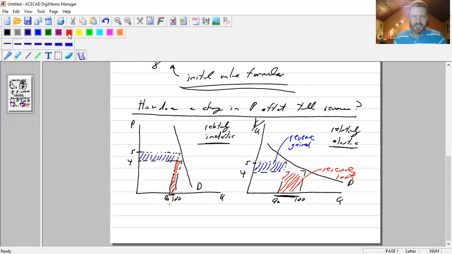I mean, my graph doesn't look great here, so I would suggest that you look at the graph in the book because it probably looks better than the one I've scribbled out. But what you can see here is that the revenue loss section is going to be much larger over here in the relatively elastic case, and the revenue loss section is much smaller here in the relatively inelastic case.